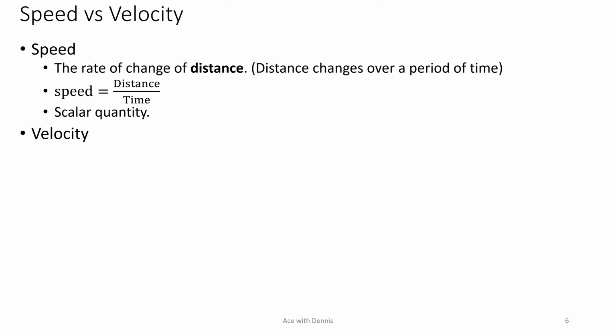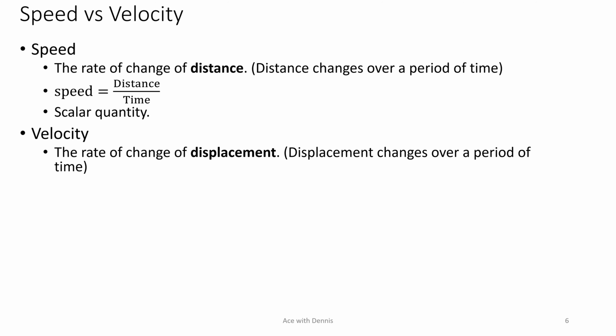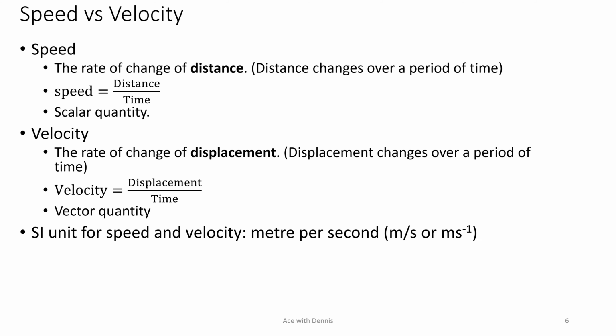Velocity is the rate of change of displacement, which means displacement changes over a period of time. The formula for velocity is displacement over time. It is a vector quantity. The SI unit for speed and velocity is meters per second. The symbol is m/s or m s^-1.